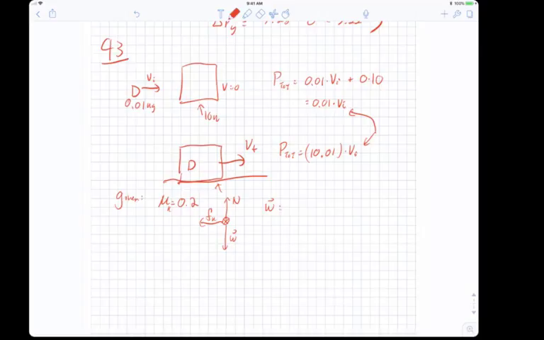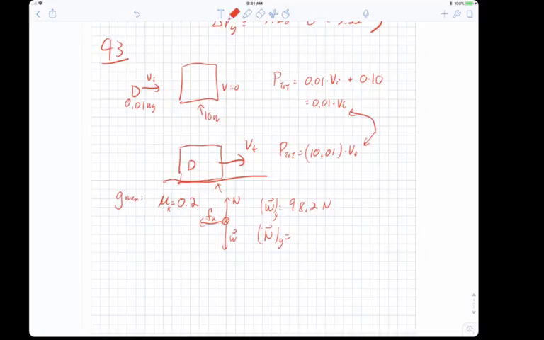The weight, in the y direction, is 10.01 times 9.81, so it's 98.2 newtons. Normal force, in the y direction, it's not accelerating up.